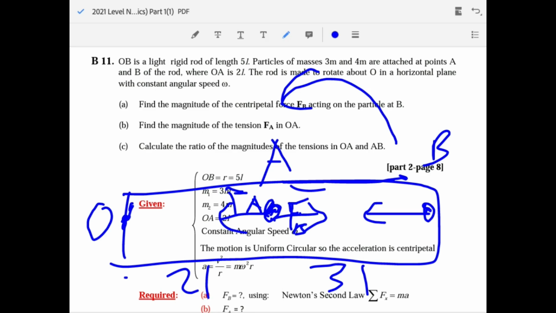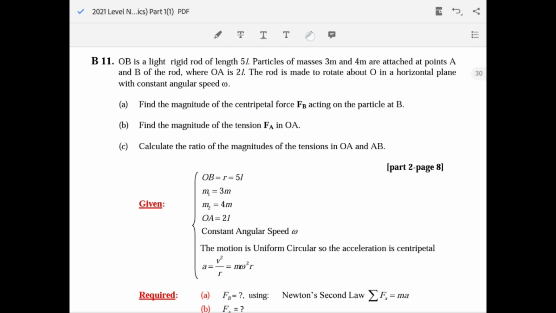So FA has to be stronger than usual to support the tension. So FA minus FB is equal to whatever the net would be at A for centripetal. So let's start. Magnitude of centripetal A, it's just this one, straightforward.